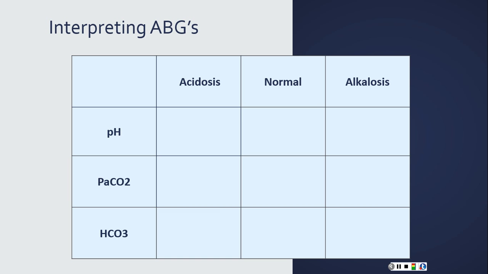All right, CO2, is it normal? It's 37. It's 37 normal, acidic, or alkalinic? It's normal. Okay. Now our bicarb, HCO3, is it normal, acidic, or alkalinic? Alkalinic. All right. Is it up? What's our normal value? 28. Okay.